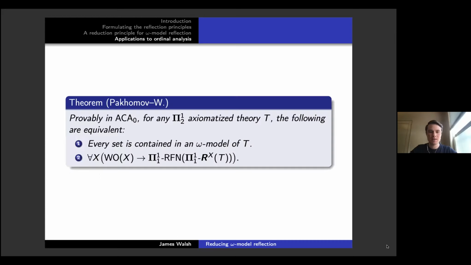So let me just state the theorem again. The theorem gives us this equivalence between omega model reflection and arbitrarily iterated Pi-1-1 reflection. Now I mentioned that the first principle is a comprehension principle, and we see it a lot in reverse math. But the second principle opens the way to connections with ordinal analysis, because there's a very thorough understanding of theories of iterated Pi-1-1 reflection in terms of their proof-theoretic ordinals.